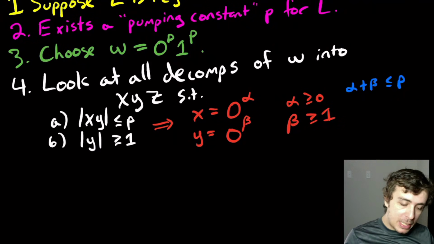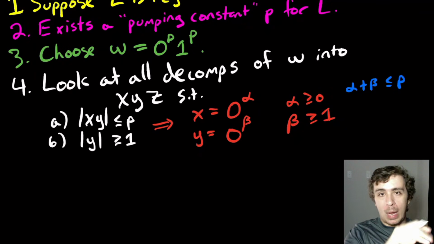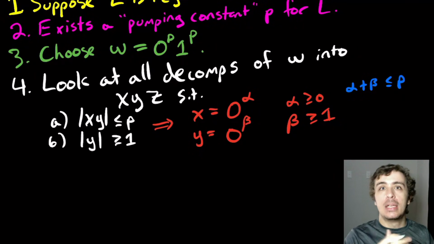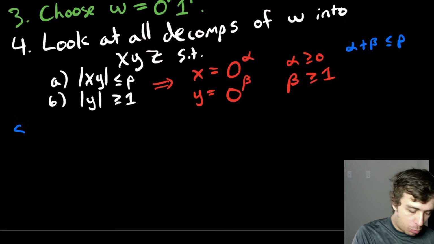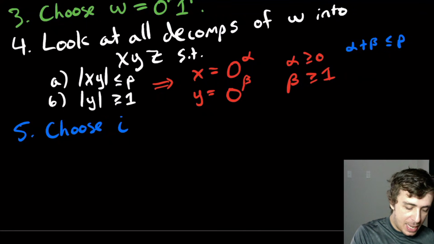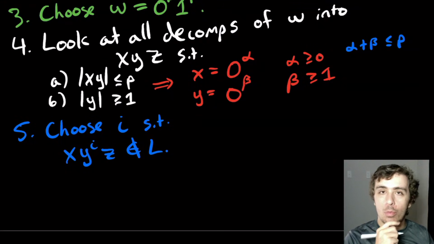Okay, so what we need to do is choose an I, and look at the string x, y to the I, z. So y to the I is y repeated I times. We need to choose an I such that x, y to the I, z is not in L. Why do we want to do that?